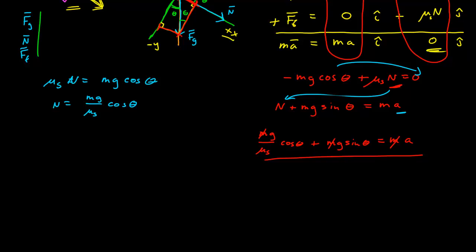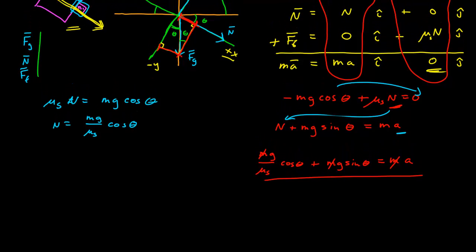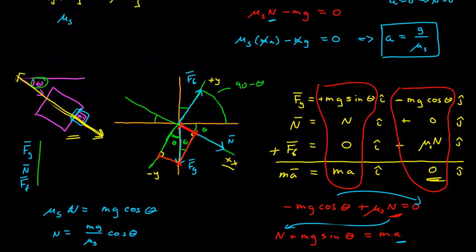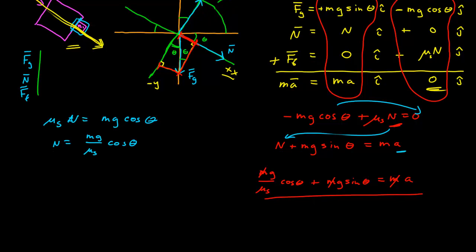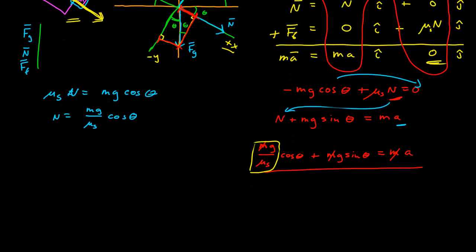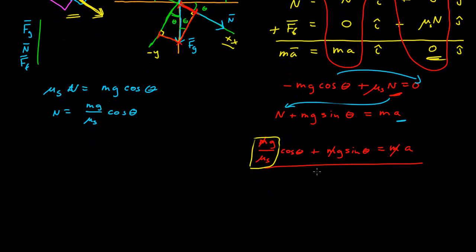The first thing that I want to do is compare it to what I did before. So before, when it was going horizontal to the ground, a was g over mu sub s. In fact, that's right here, g over mu sub s. So let me rewrite this a little bit.